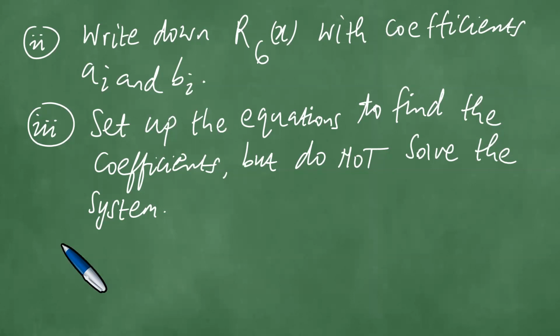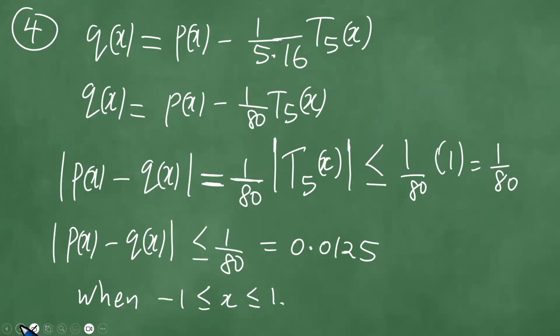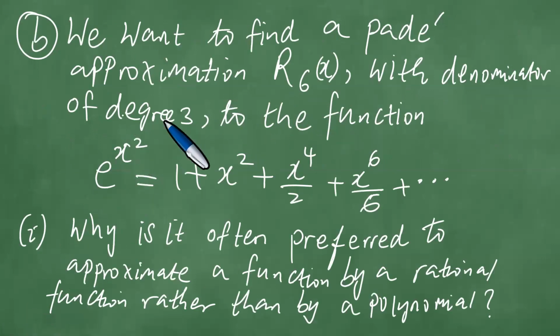With that said, what do we then do here? Because if you look at this question, they're saying we want to find a Pade approximation R6 with denominator of degree 3 to the function this.